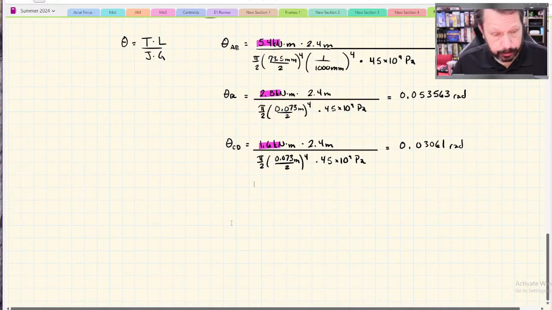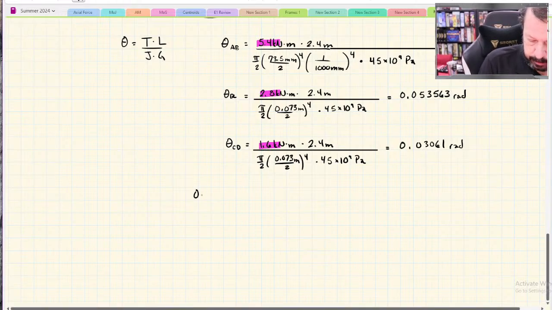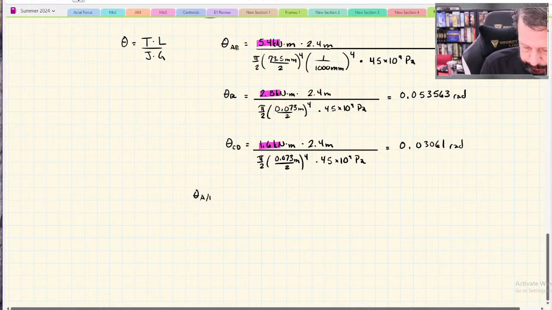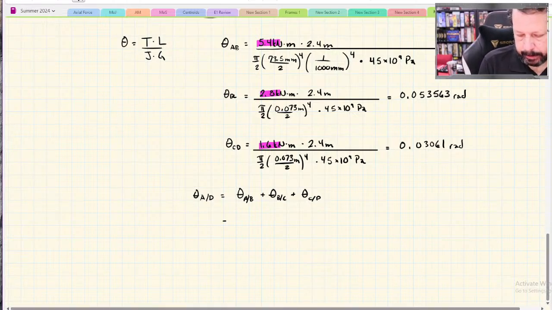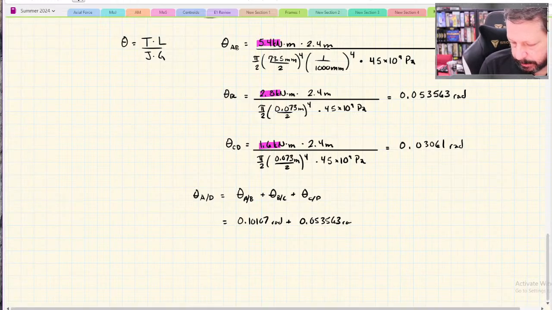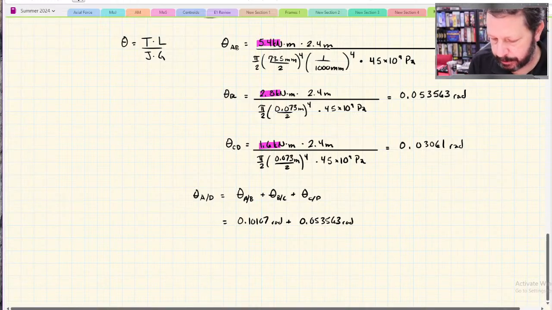And the total angle of twist from D to A or A to D, whichever way you want to do it, is equal to the individual ones from A to B plus B to C plus C to D. And 0.10107 radians plus 0.053563 radians. I'm having to carry lots of decimals because they're such small numbers.